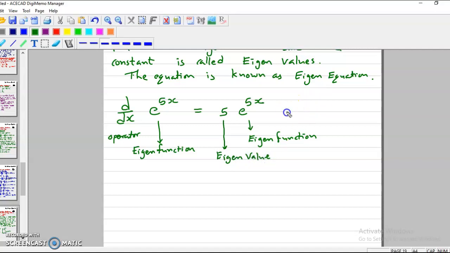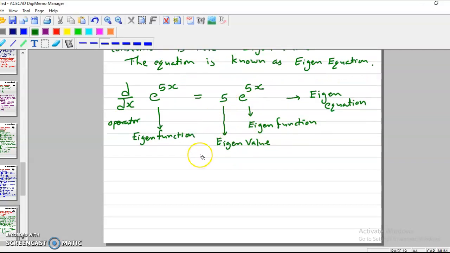So this whole equation is known as eigenequation. So this way, when any function is derived with d by dx, and if we get the same function as a solution with a constant, then that function becomes eigenfunction and the constant is known as eigenvalue.